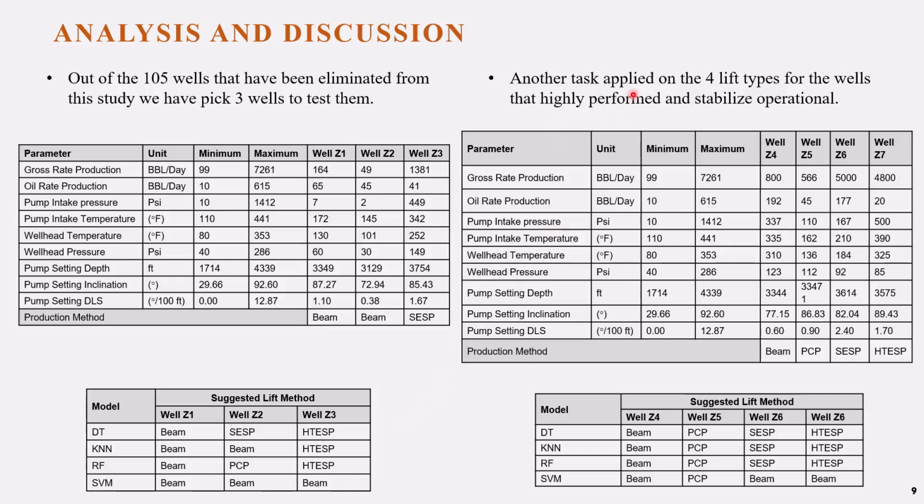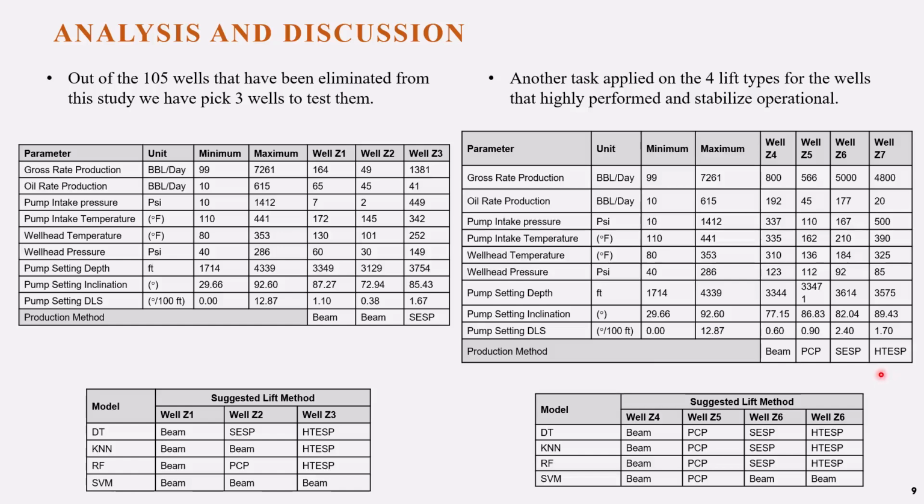Another task was applied on the 4 different lift types, for wells that are highly performing and have been stable for many years, so we don't have any issue with the current lift system. The production method is beam for well Z4, well Z5 is PCP, well Z6 is standard ESP, and well Z7 is high temp ESP.